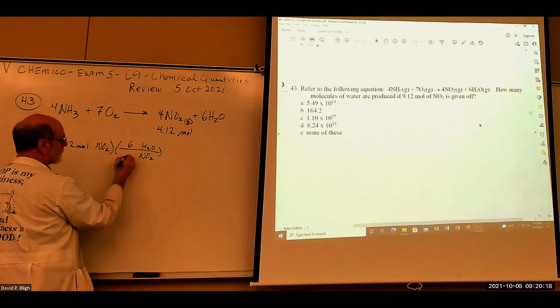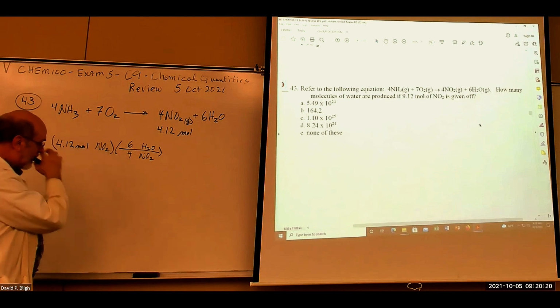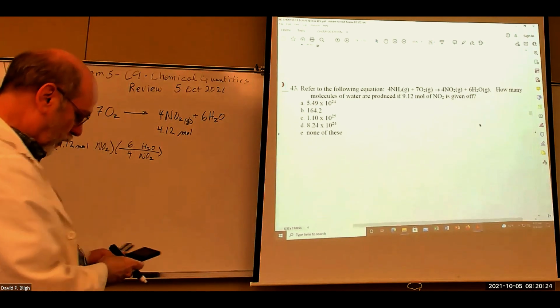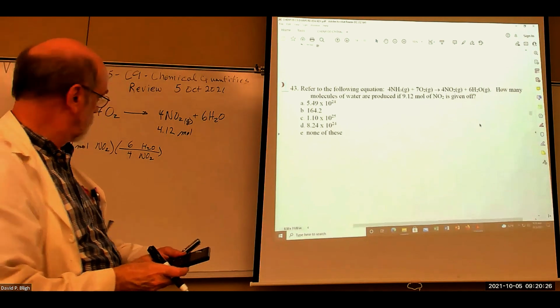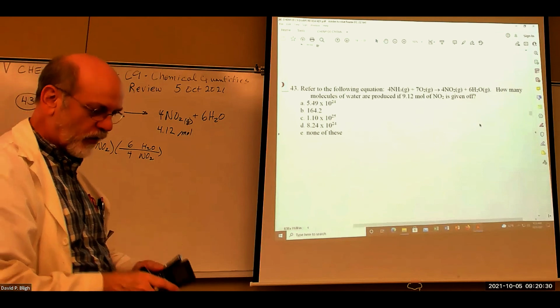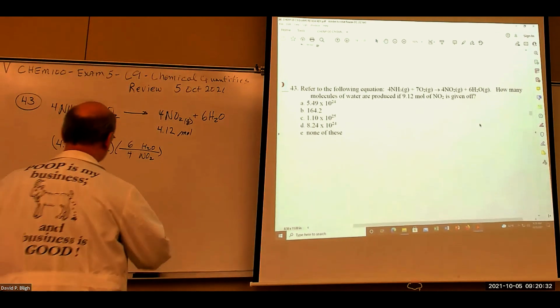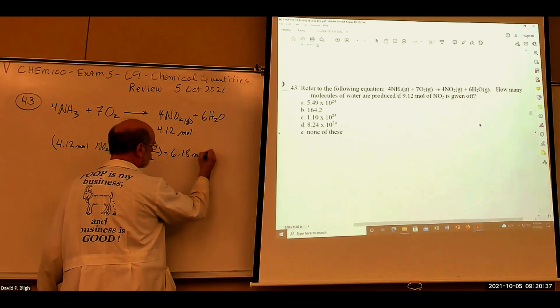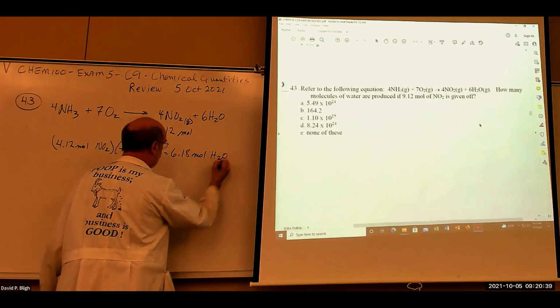That's 6 here and 4 there. So 4.12 times 6 divided by 4 is 6.18 moles of water, right?